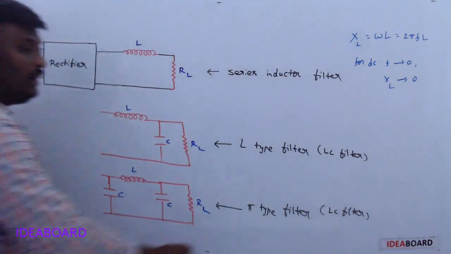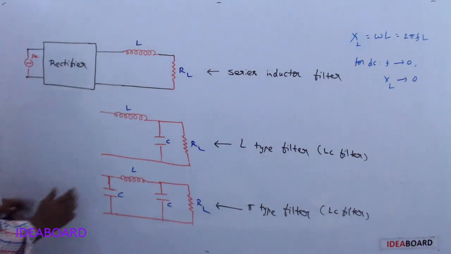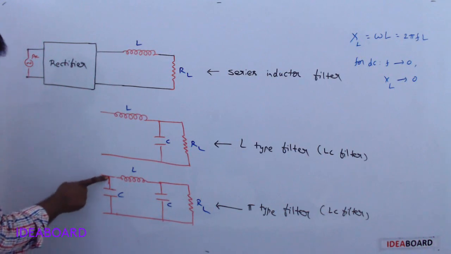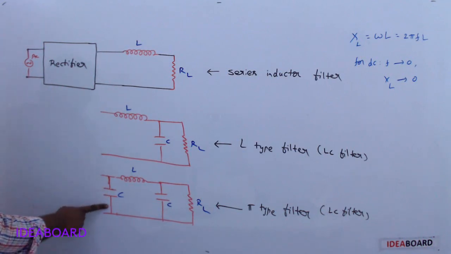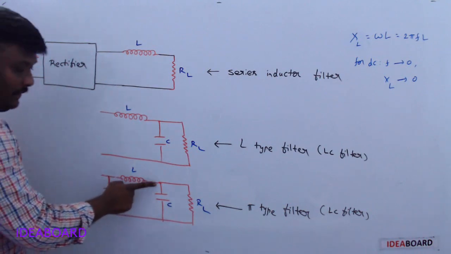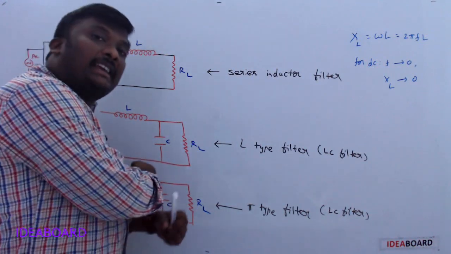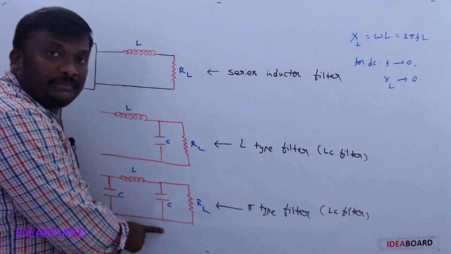And this is called the pi-type filter. Here from the rectifier, both DC and AC components reach this point. The capacitor allows only AC, and the inductor allows DC. After reaching this position, if there is any AC, that AC also bypasses through the capacitor.